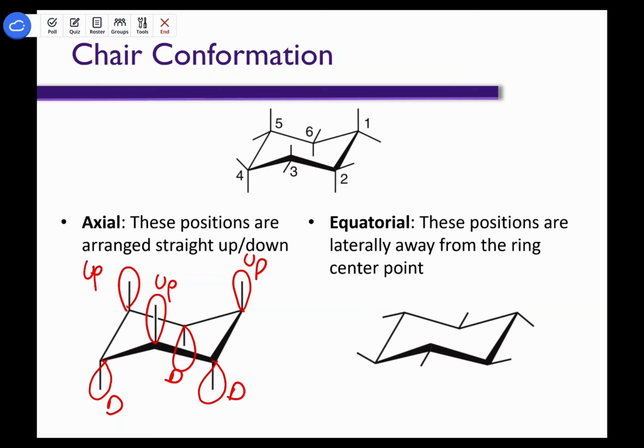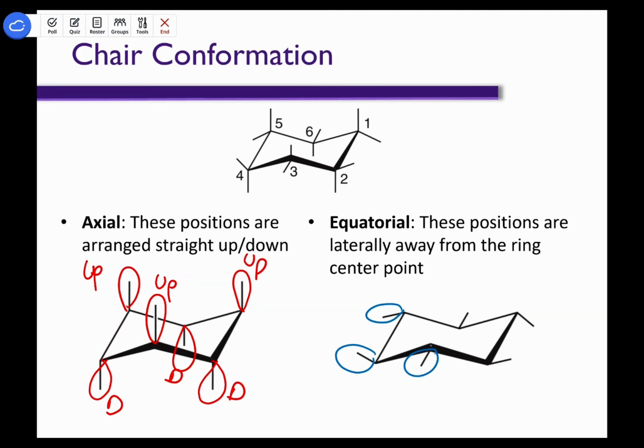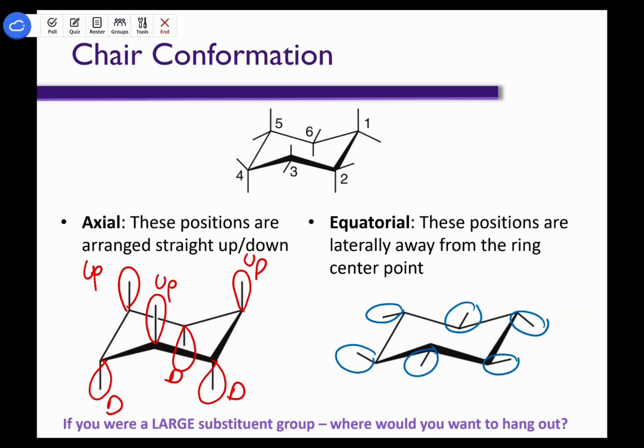Here we have an up axial and a down equatorial, a down axial and an up equatorial. So we have 6 equatorial and 6 axial positions. And of course, if we overlaid these, you would see each carbon has 1 axial and 1 equatorial position.